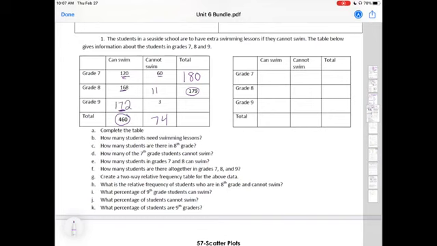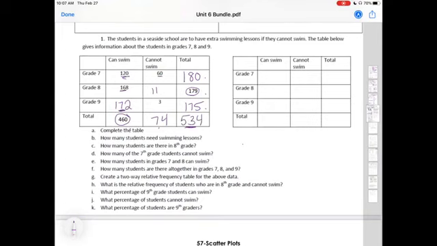So how many total 9th graders? 175. Now I need to figure out my total. I can either add these three or add these two, and they should equal the same. 460 plus 74 is 534. 180 plus 179 plus 175 is also 534.